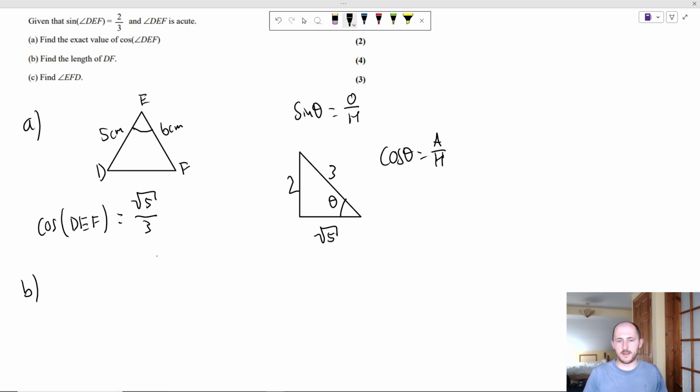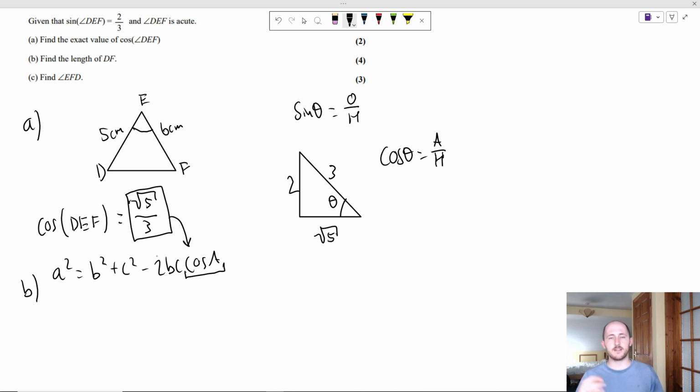So, if we look at the formula again for the cosine rule, it asks me for cos of this angle, which is just going to be root 5 over 3. So I can actually sub that straight in. I don't need to do cos of the angle because I already know what cos of the angle is. Cos of the angle is root 5 over 3. So that's the key part here. Then we just need to sub in everything else.